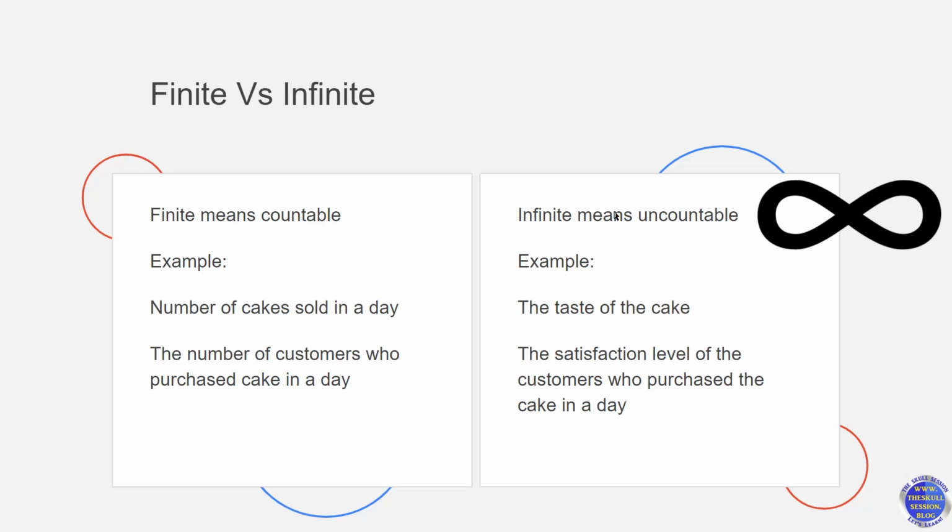Sometimes even countable items will be considered as infinite if the number is really large. For example, suppose you are trying to find out the number of cakes sold in the last 5 years or 10 years, then it is going to become infinite in nature. Thus, from the above mentioned concepts, we can understand the need for sampling.